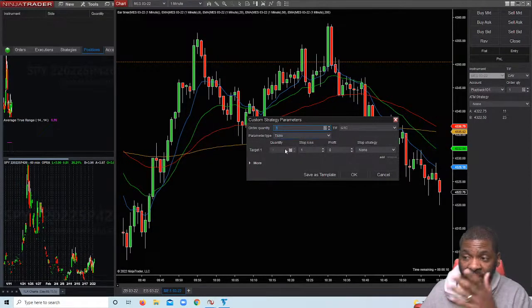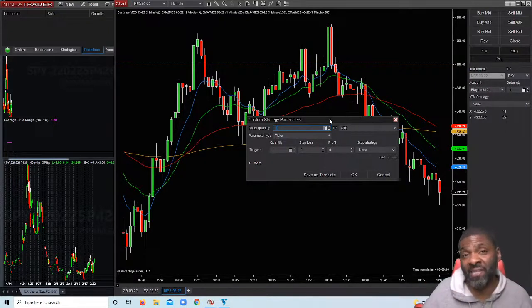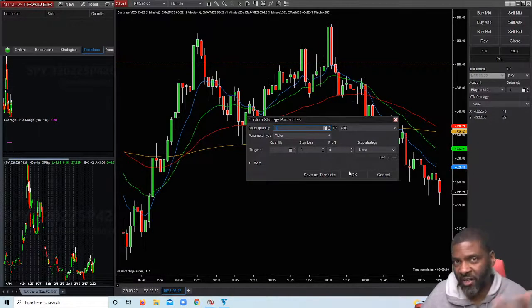But you're just doing this as your ATM strategy. You can scale by picking the number of contracts you want to put on at that time. But I like to set my ATM up for 1 contract so that I don't have to change it after. If I want to do fewer contracts, I don't have to. I just like to set it up for 1.